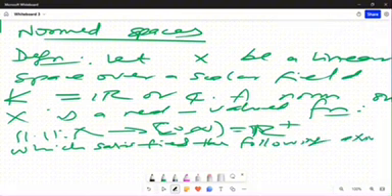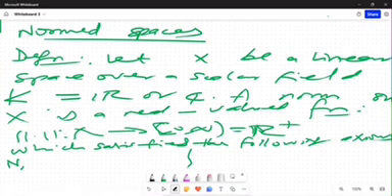Okay, the following axioms. What are the axioms? Number one, which we call N1, that's the first axiom, is that, of course, distance is non-negative. In other words, the norm of any vector x will be greater than or equal to zero.